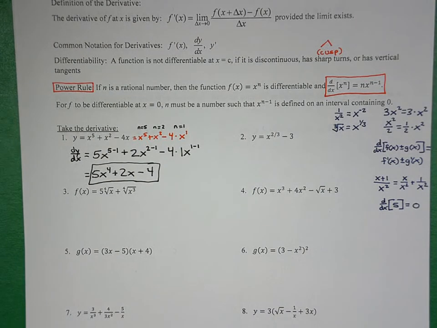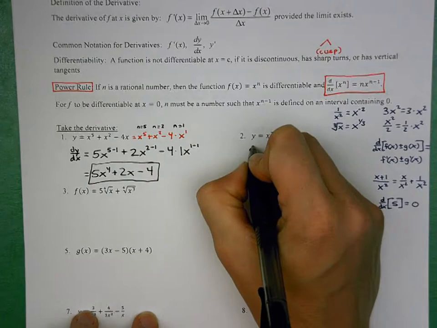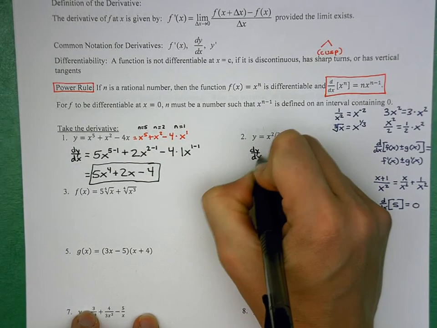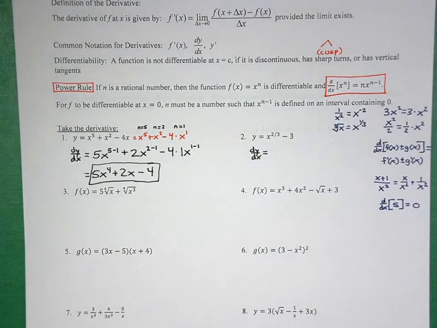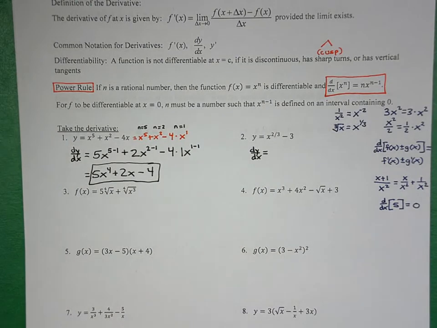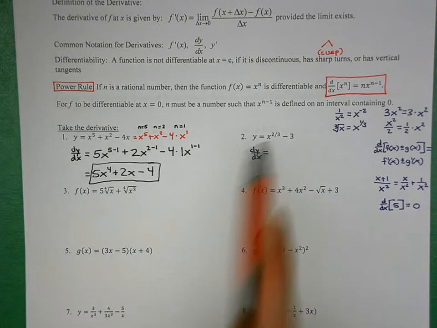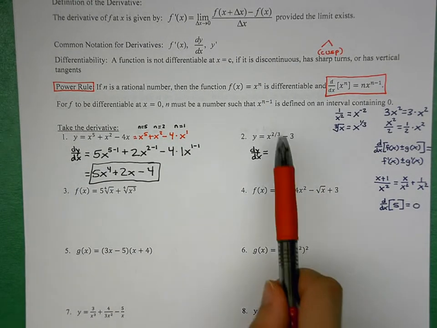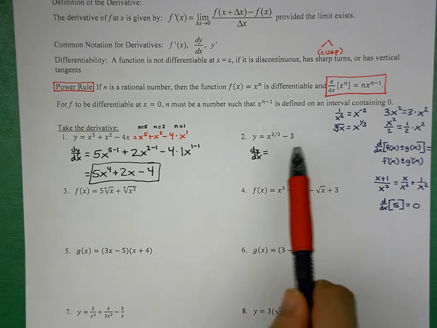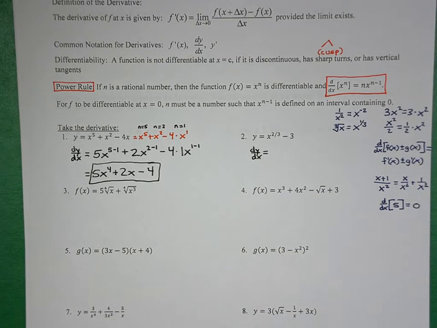Okay, number 2. We have y equals x to the 2/3 minus 3. Taking its derivative. Okay? We have our x to the n that we can clearly see in that first one. Okay? The second one, we can't quite see our x to the n, and so this is where you would have a choice to make.